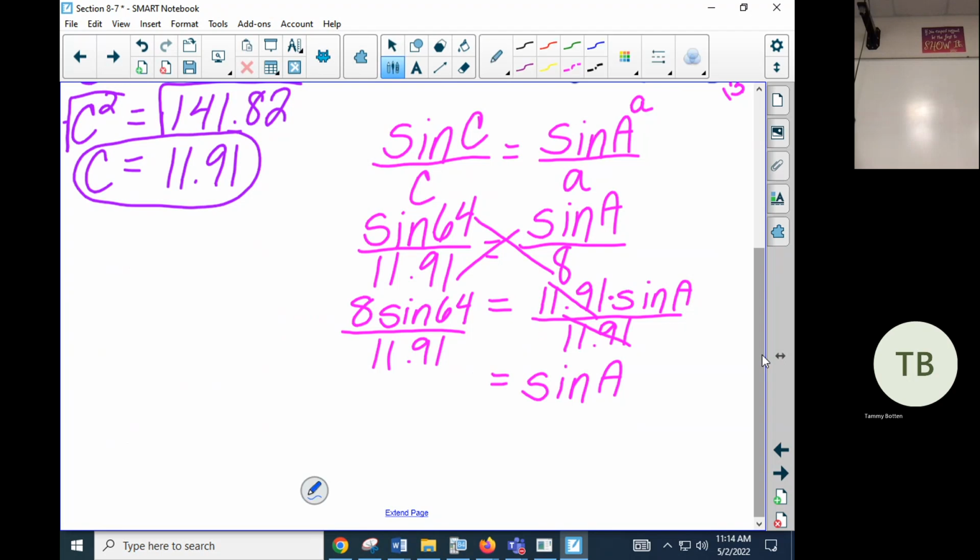Do you remember what it's really important to do after this? Enter. Yes. So this is what we're going to do. We're going to go to our calculators and we're going to type in 8 sine of 64 enter divided by 11.9. But that is not our answer yet. That is just sine of A. So let's go and type that in.